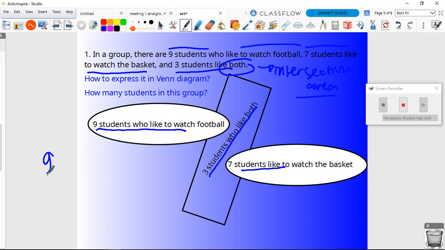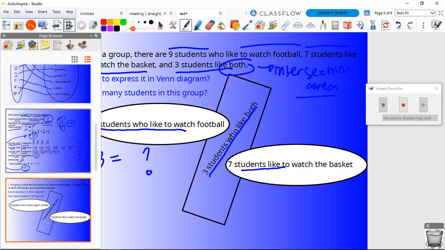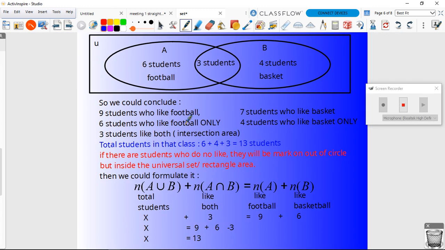Do you think it is 9 plus 7 plus 3? I don't think so. Try to see from this one. From the 9 students who like football, because 3 students are already in the intersection part, it means we have 6 students who like football only.